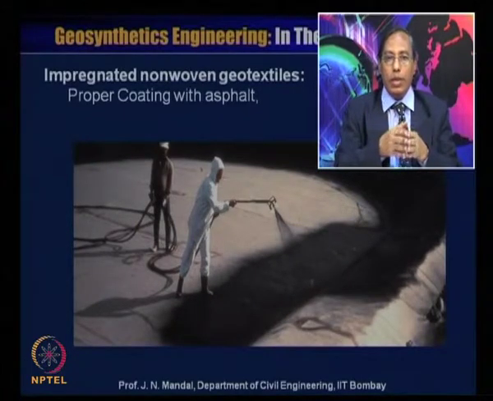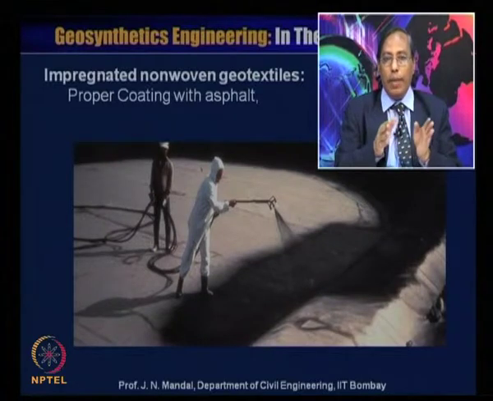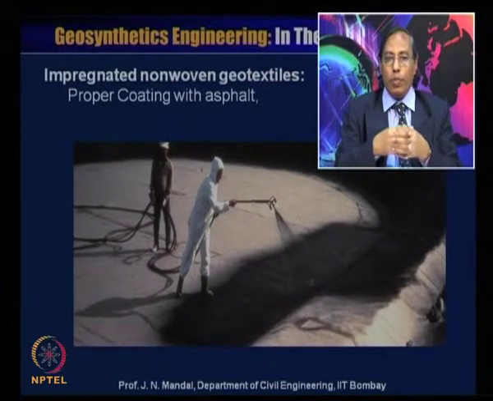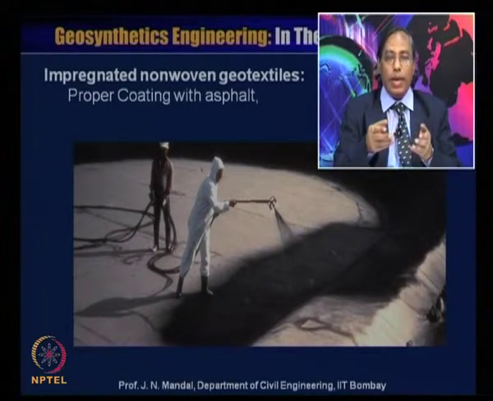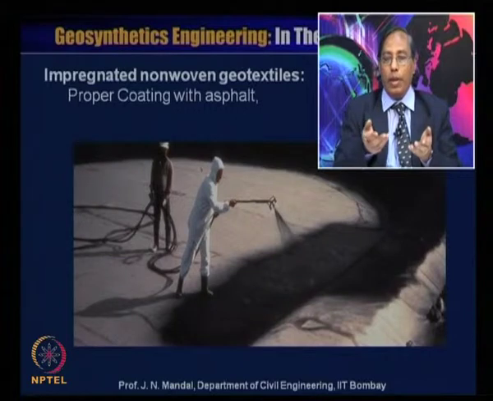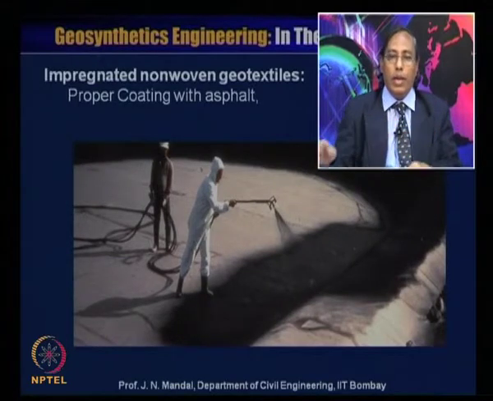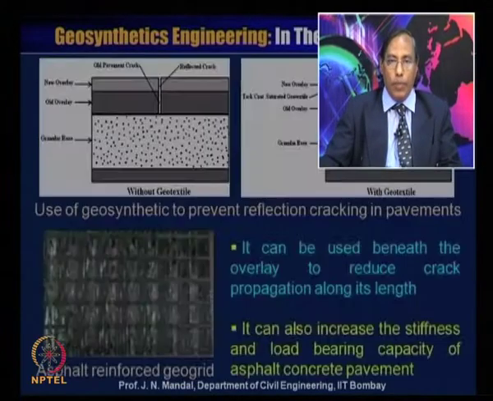Then this non-woven geotextile material will act as a barrier. So, the crack will not propagate to the surface of the road. This crack can be prevented by the introduction of the geosynthetic material.